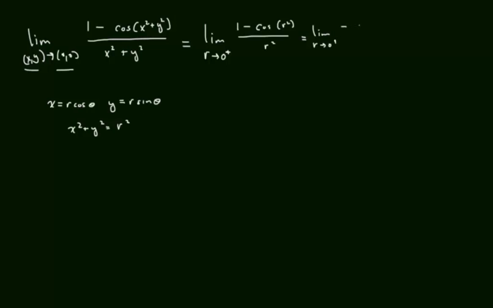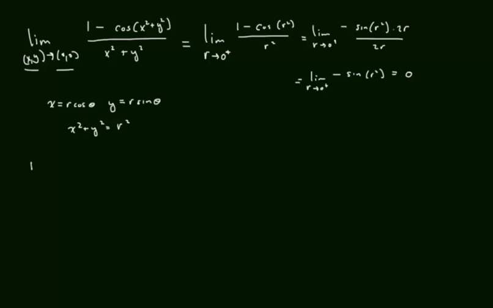Negative sine r squared times 2r over 2r, which is the limit as r goes to 0 from the right of negative sine r squared, and that goes to 0. And we've successfully found the limit.